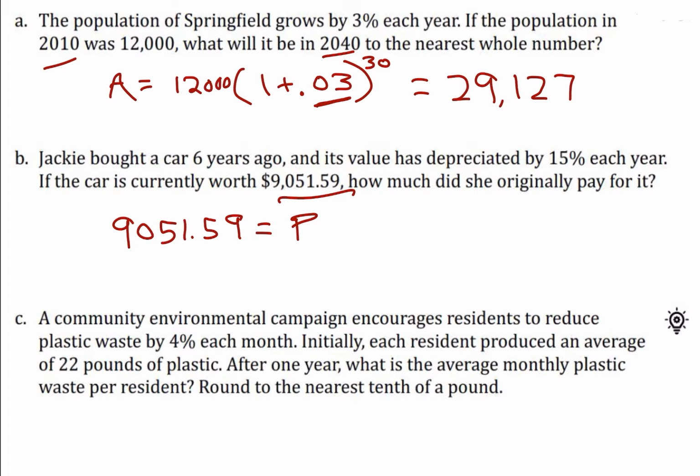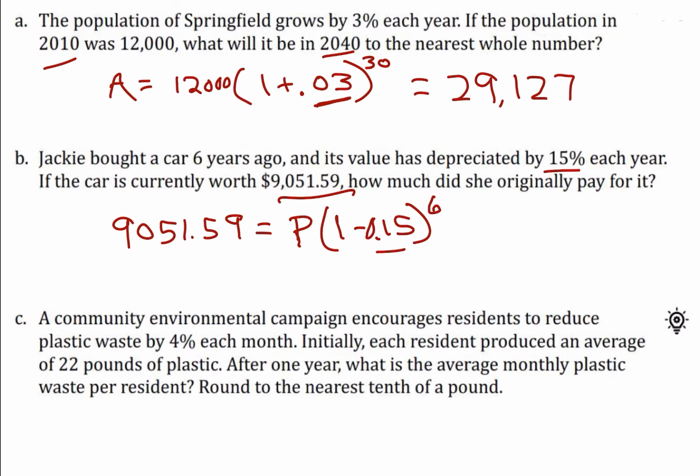If we were investing money, P usually refers to the principal, but P is a good letter to use as our variable here, which is what we're solving for. The initial price would have been multiplied by depreciation, meaning it's going down by 15% each year. So it's going to be 1 minus 0.15, which we know is really 15 100ths. And this time, our time amount is 6 years.